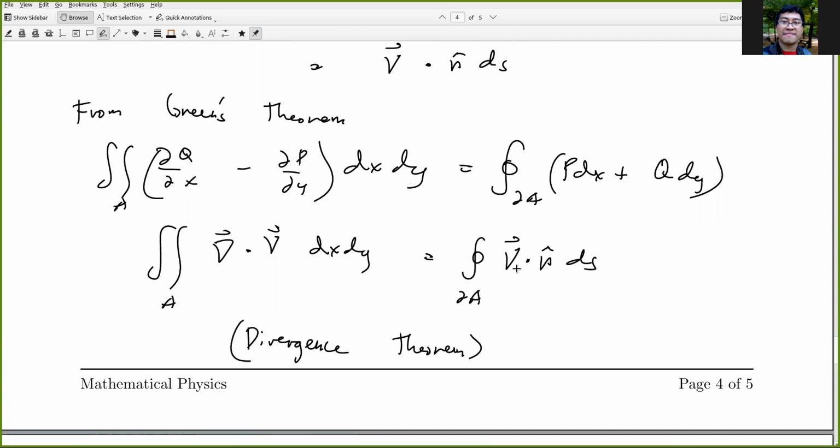Basically, it's telling us that if you have an area integral, you can convert it into a line integral. You have here a divergence as an area integral, and it turns into a line integral of V dot n.